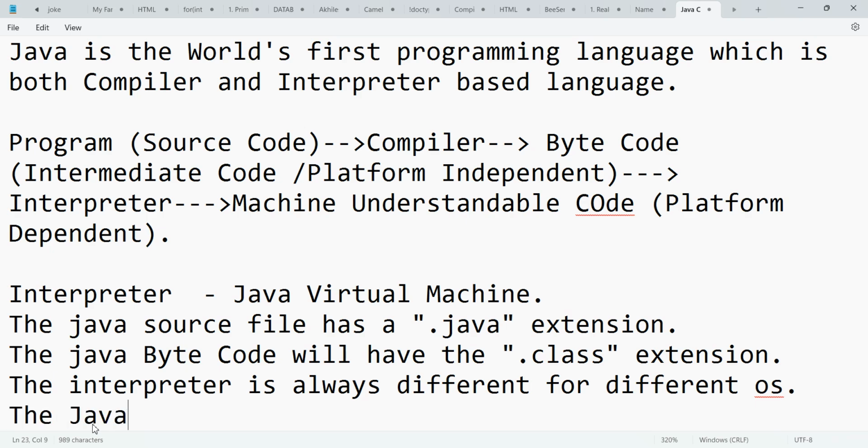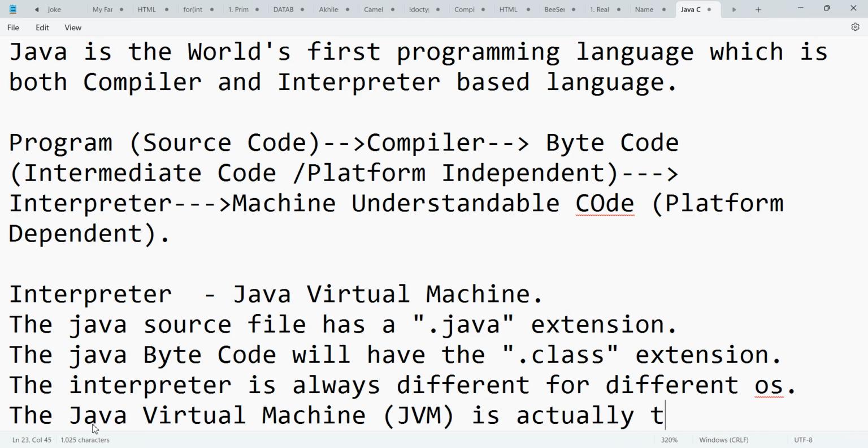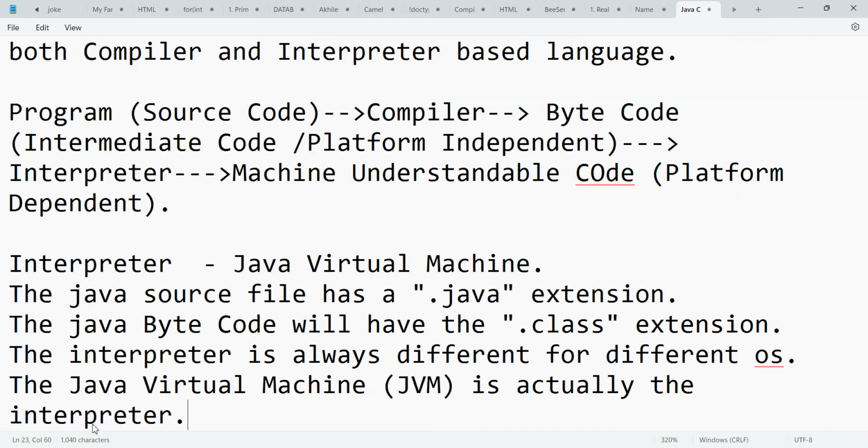The Java virtual machine, which is commonly called JVM, is actually the interpreter. If someone asks you what interpreter is used in Java, you are going to say Java virtual machine, and this is platform dependent.